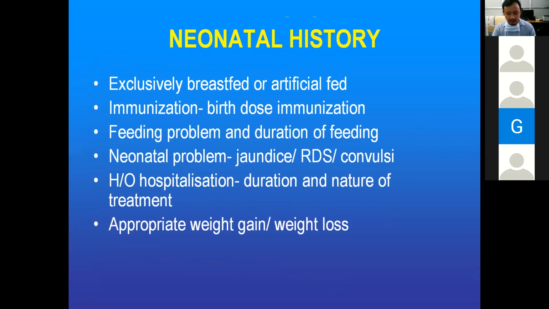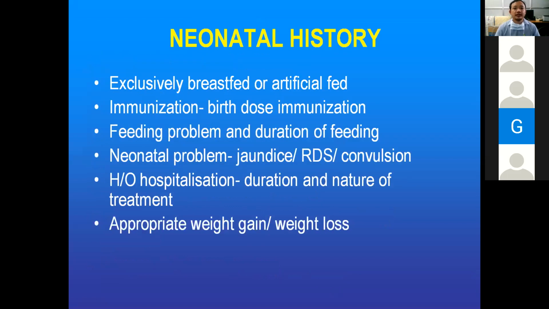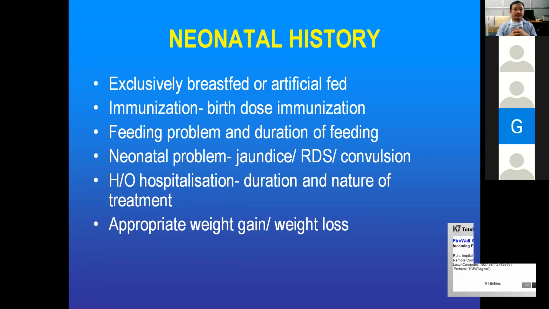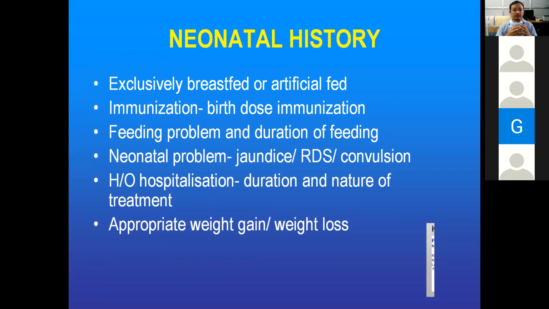After birth history, we have the neonatal history. Neonatal history is the period after the birth of the child up to 28 days of life. Here, there are certain issues about which we have to take information.